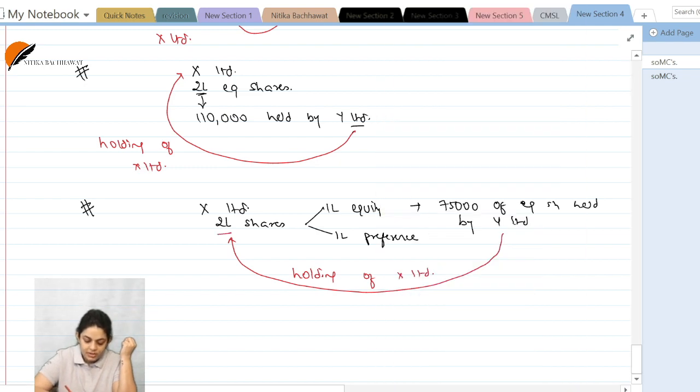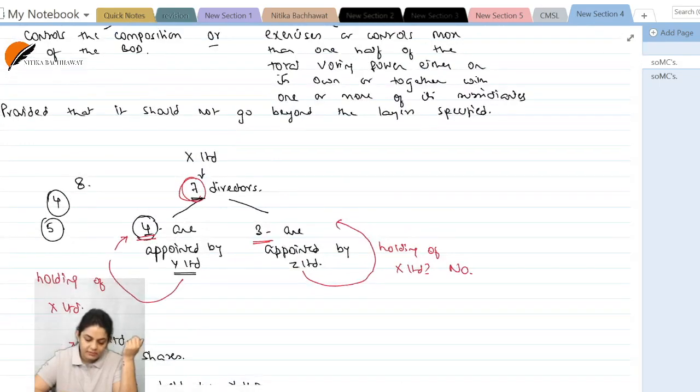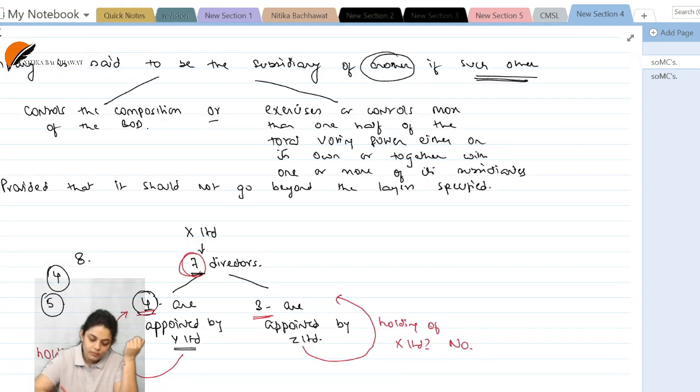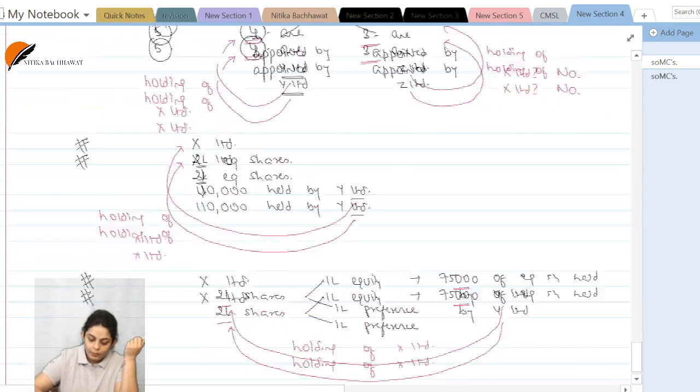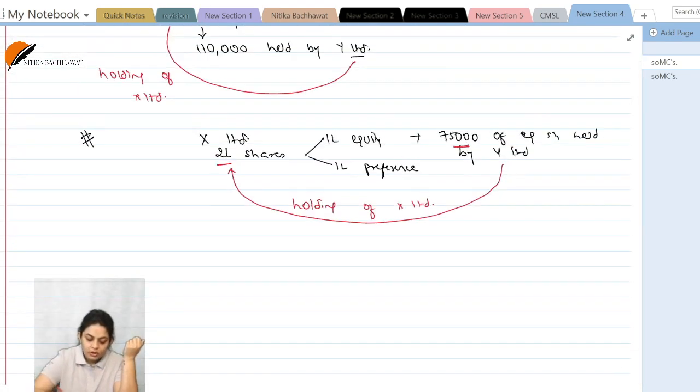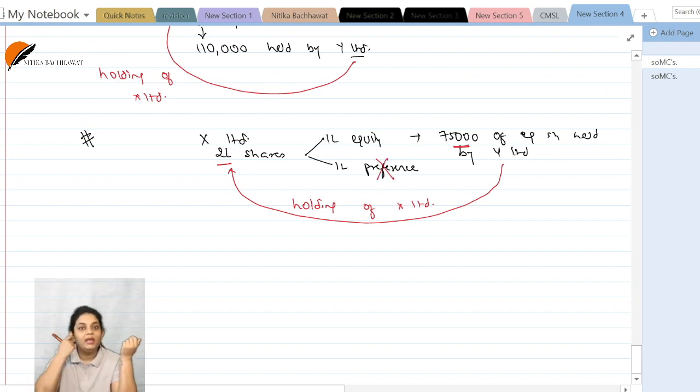Ma'am, total shares is 2 lakh. You are holding only 75,000. How can you be the holding? But see, what is given here? Voting power. Now, preference shares do not give you any voting power.